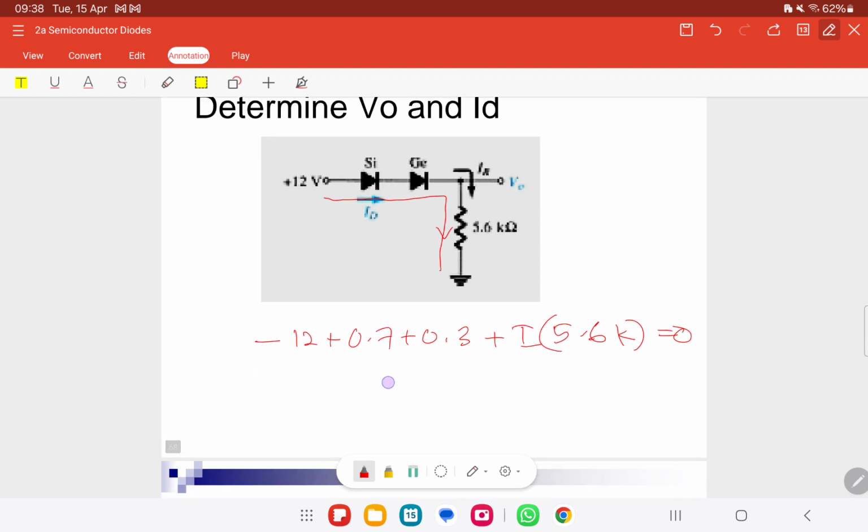Okay, the V0 equals to V 5.6K tu. I yang dapat darab dengan 5.6K. Okay, so this is the V0. V0 dekat sini. Okay, from the at the point of this one, connect until the ground. So the circuit also boleh lukis macam ni sebenarnya.